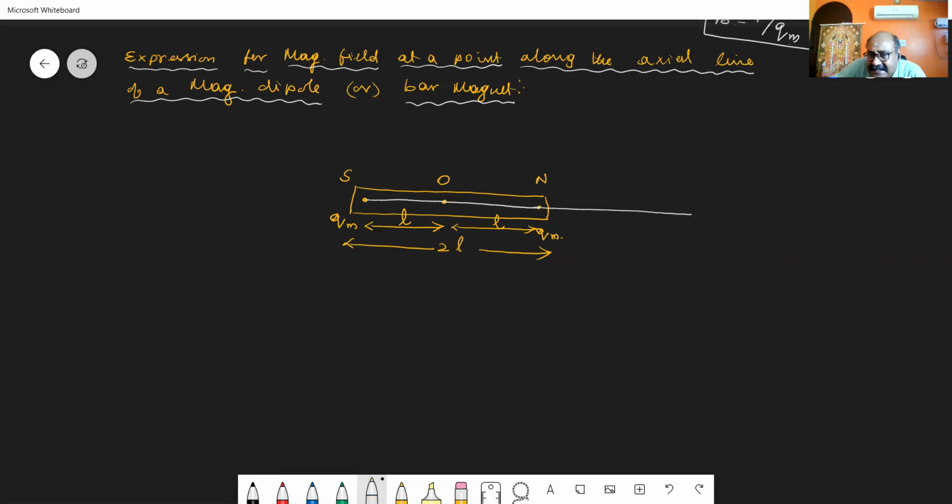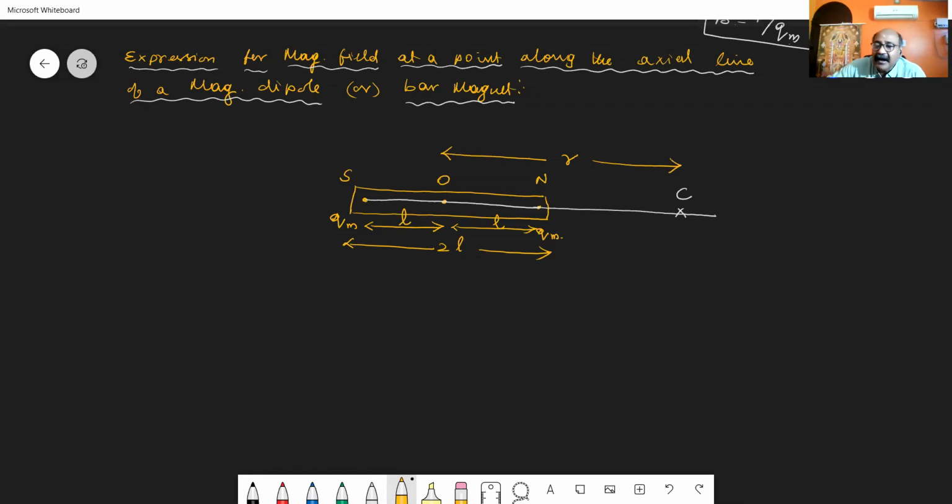You extend this axial line of the bar magnet and mark a point C on the axial line in such a way that the point C is at a distance R from the geometric center O. I am considering the point C along the axial line at a distance R from the geometric center.